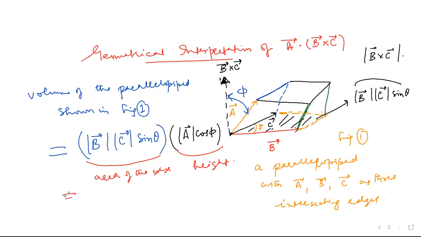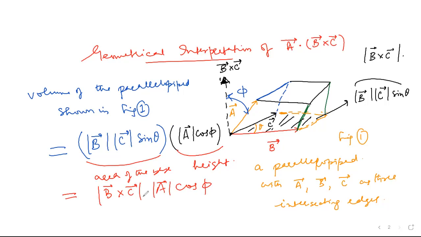So I can write this area of the base as magnitude of B cross C vector. Then for height I write magnitude of A into cos phi, right? So B cross C magnitude times A cos phi. Now B cross C is a vector with this much magnitude. What is it?